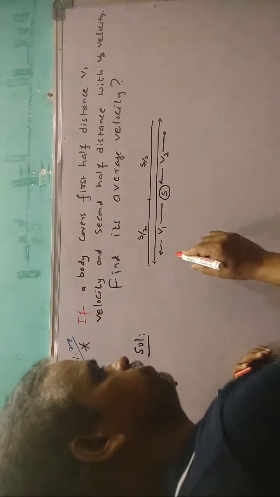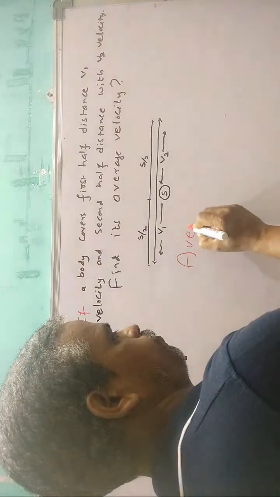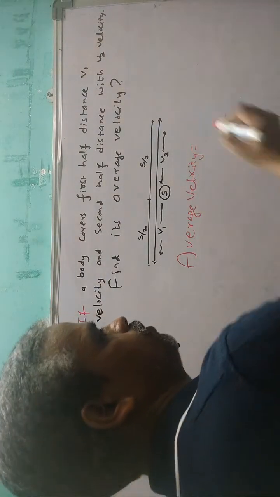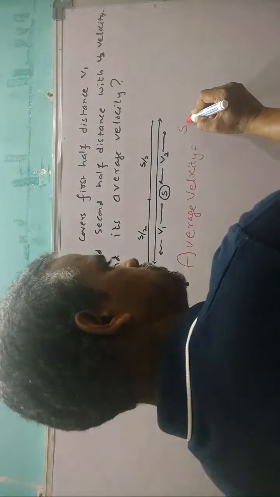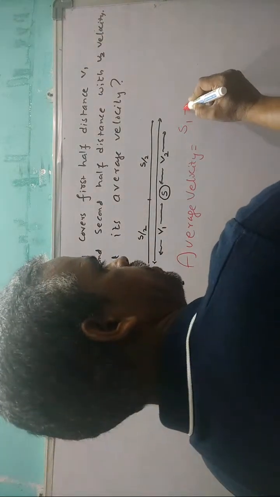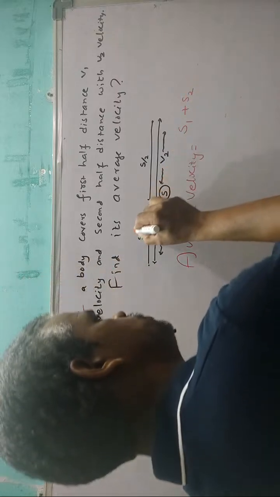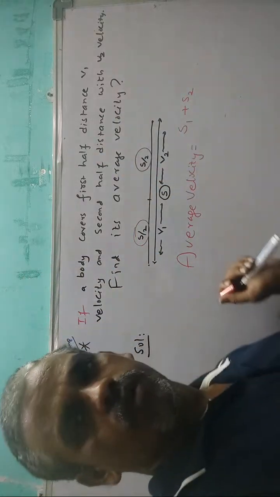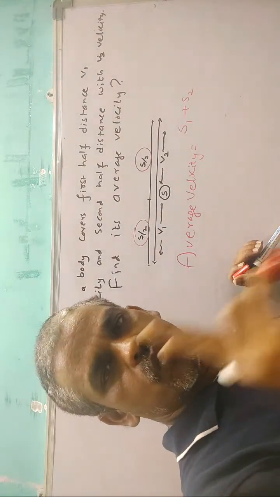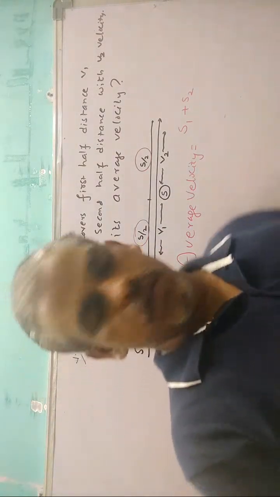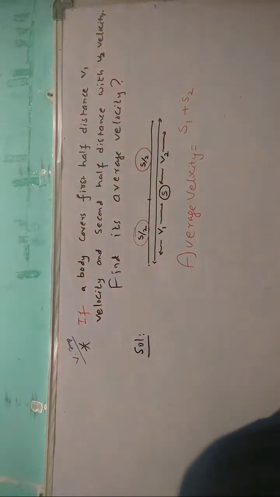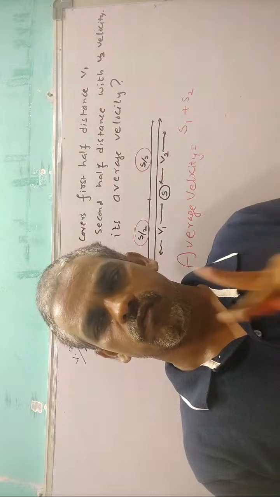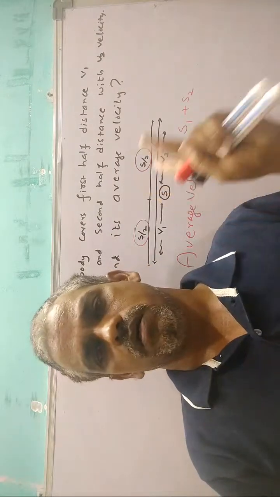For that, average velocity, we have the formula S1 plus S2. Here only two displacements, not three: first half distance, second half distance.